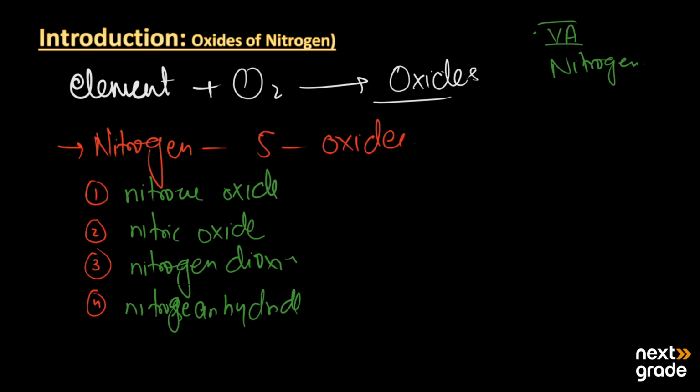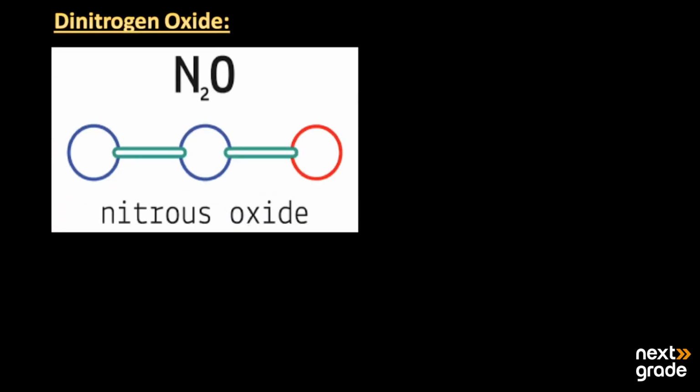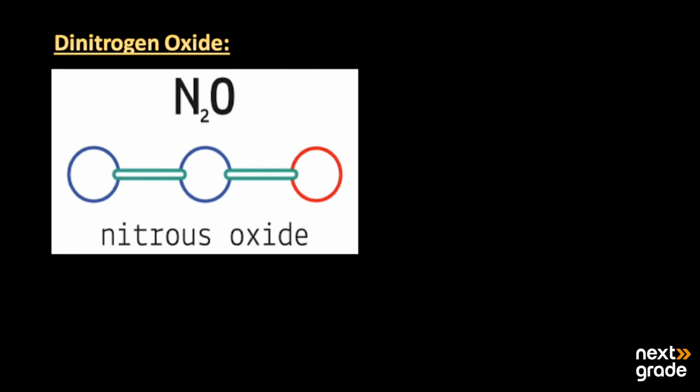And the last one, the fifth one, is called nitric anhydride. So these are the five simple oxides of nitrogen that exist in nature, in which the first one is dinitrogen oxide.